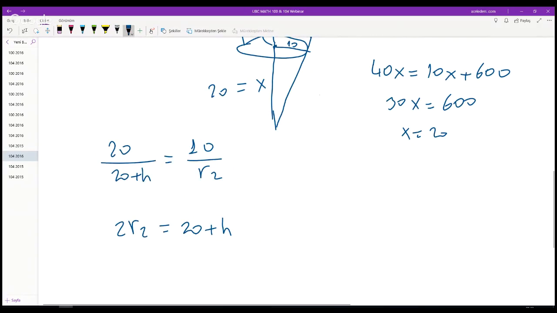Therefore R2 equals (20 plus height) over 2, which is 10 plus height over 2. So if you understand this, the rest is just deriving.